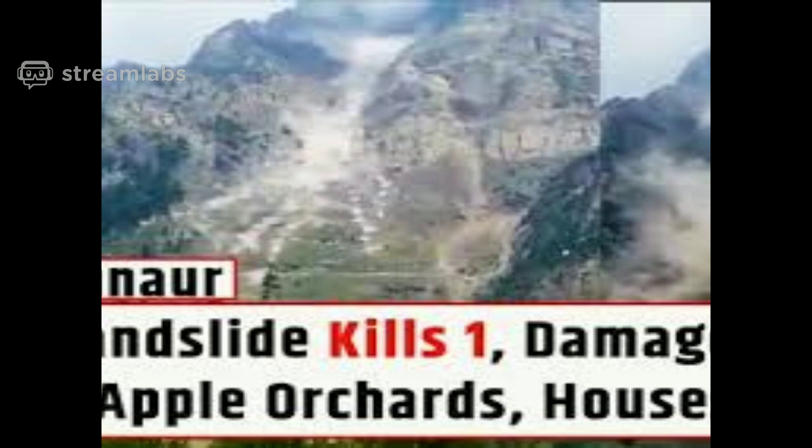The slope collapsed, causing intense damage everywhere around that area. Pangi village had to be completely vacated to avoid possible loss of life. I hope this is clear to you.